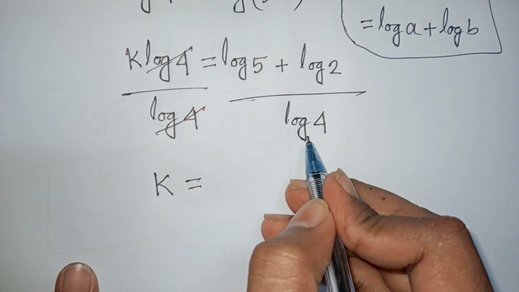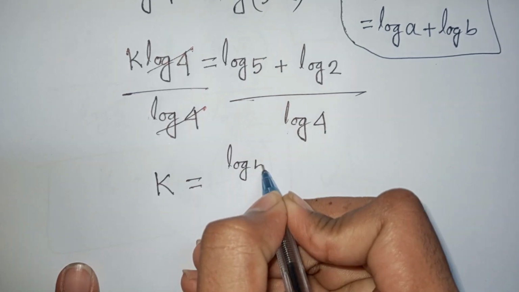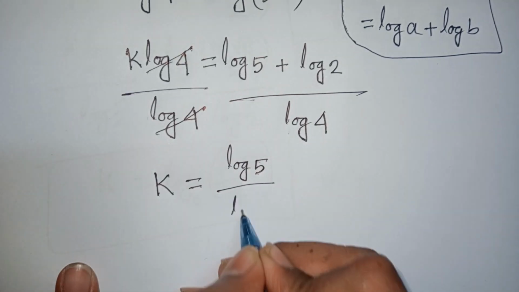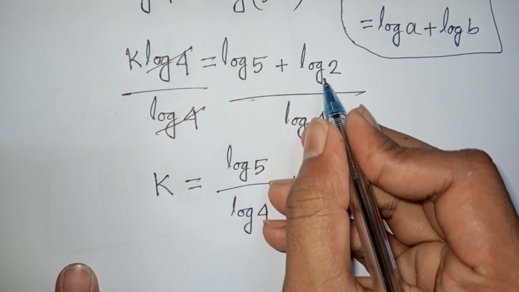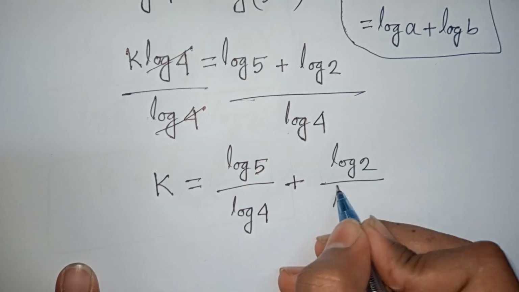this divided by this, that means it can be written as log 5 over log 4, then plus log 2 over log 4.